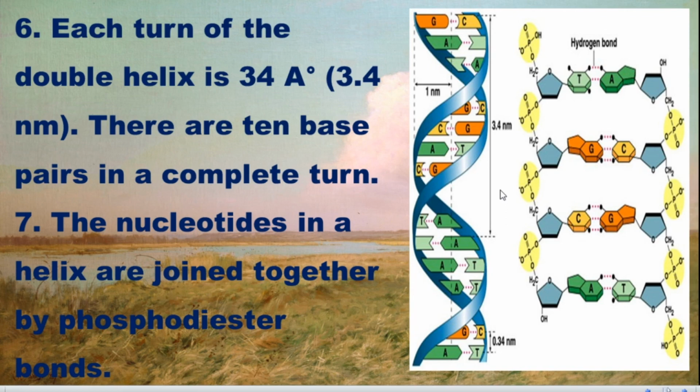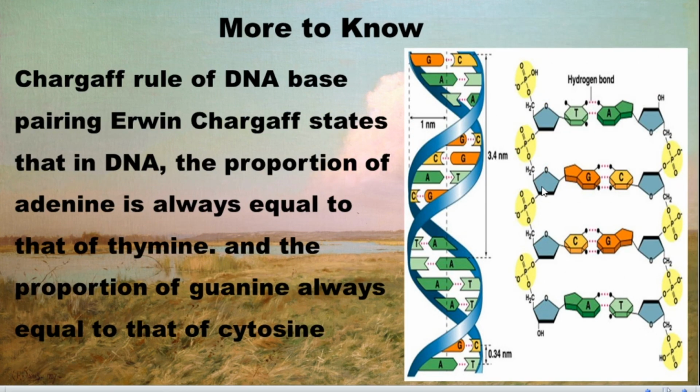Then in each turn, there are 10 nitrogenous bases present, 3.4 nanometers. So each turn of the DNA, the nucleotides are held together by the phosphodiester bond. So you have to explain that. Then you have to draw the diagram.